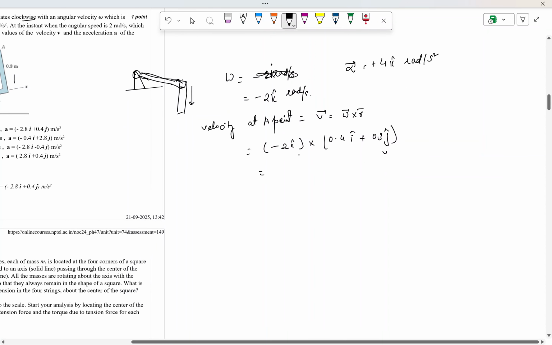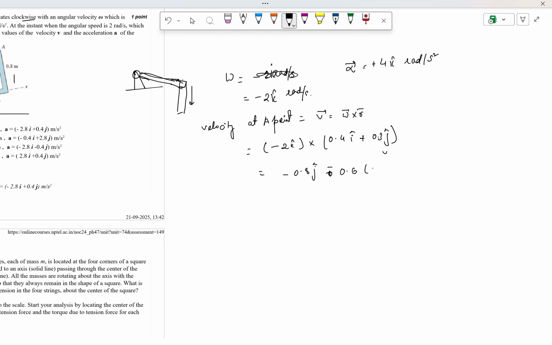So now you take the cross product. k cap cross i cap is j cap, and there is a minus sign, so this is minus j cap, plus minus 0.6 k cap cross j cap equal to minus i cap.